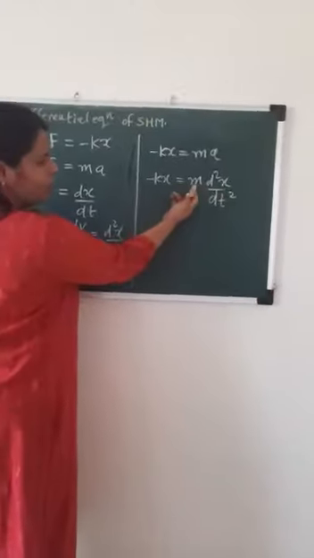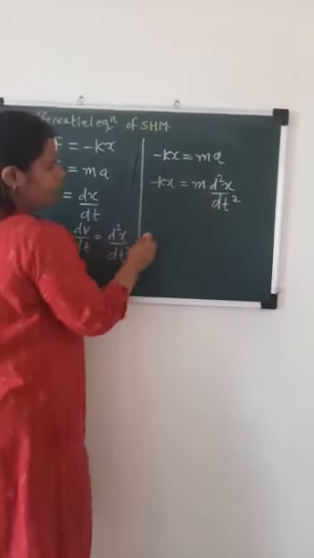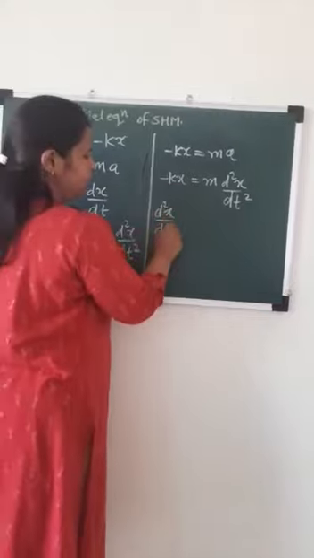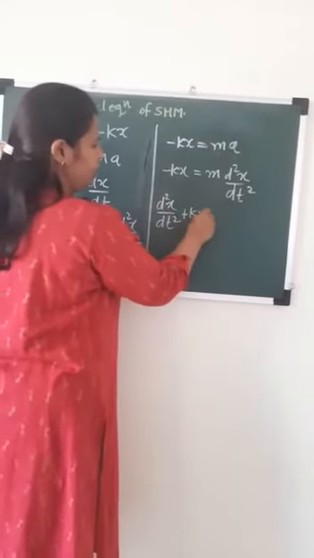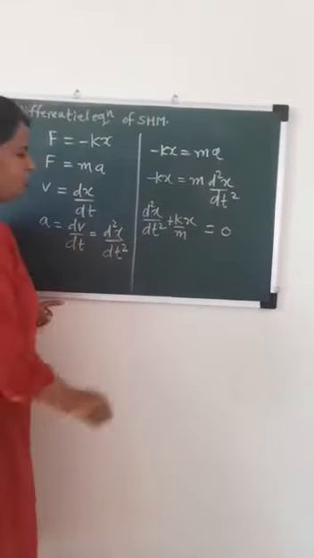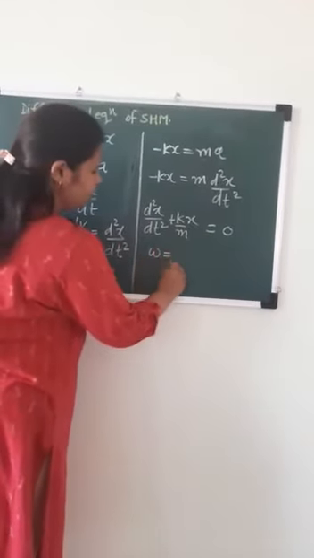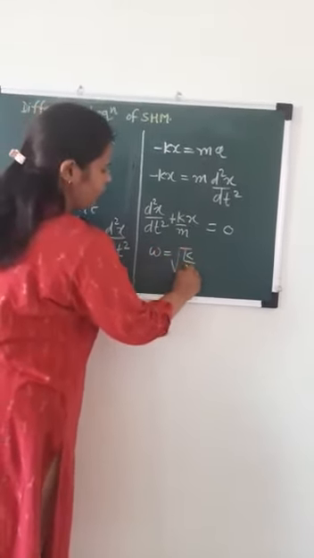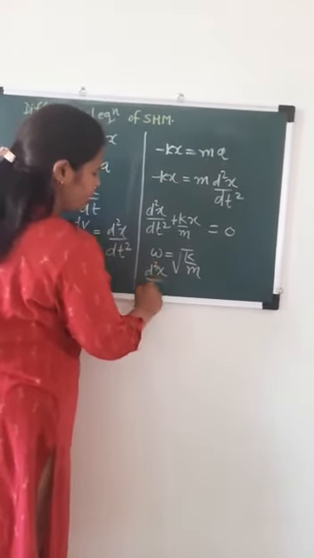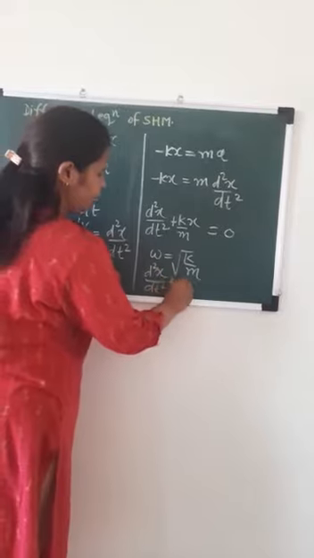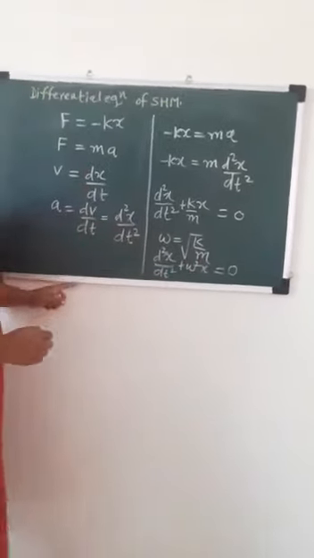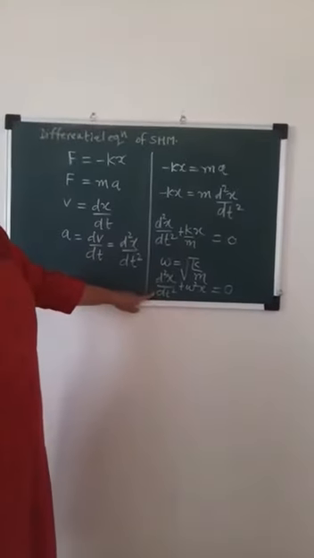Now we divide this equation by m, so we get d2x upon dt square plus k by m x is equal to 0. We know omega is the square root of k by m. So we can write this equation as d2x upon dt square plus omega square x is equal to 0. This is the differential equation of SHM.